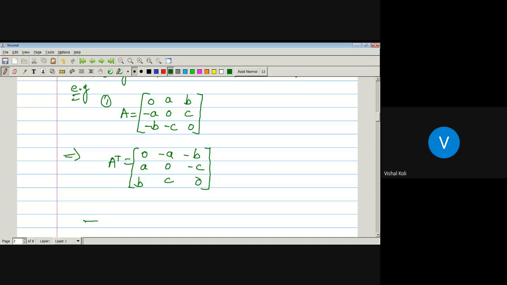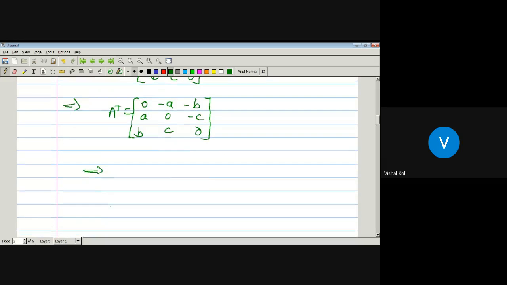Which implies minus A transpose, obtained by multiplying each element of A transpose by minus 1. 0 into minus 1 is 0, minus 1 into minus a is a, minus 1 into minus b is b, a into minus 1 is minus a, 0, minus c, minus b, minus c, and 0 again.